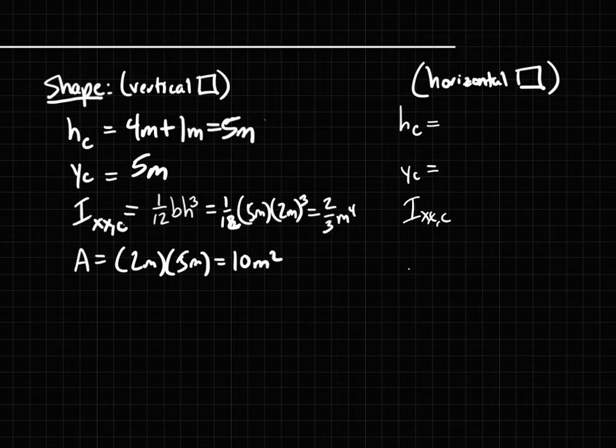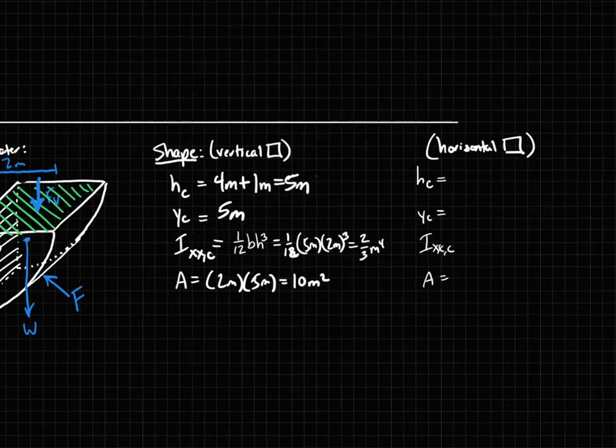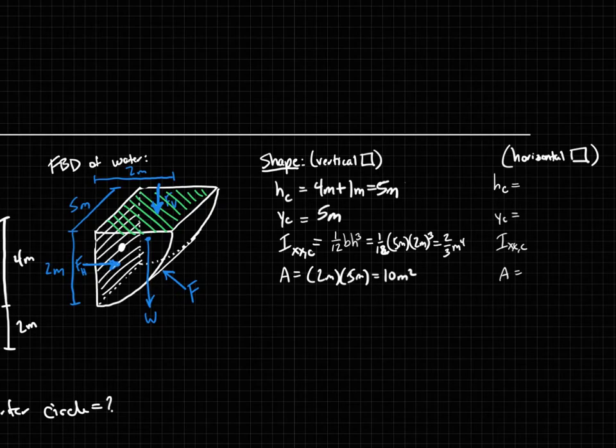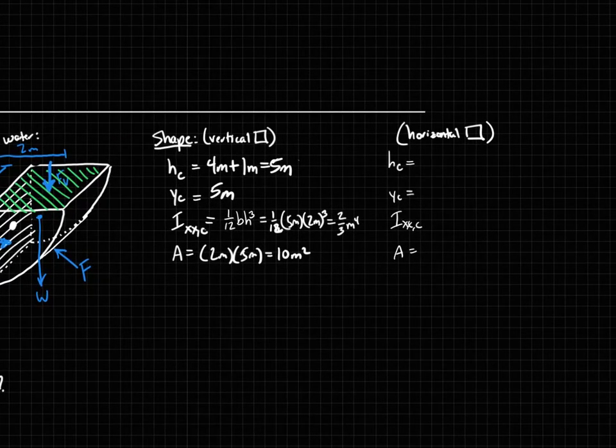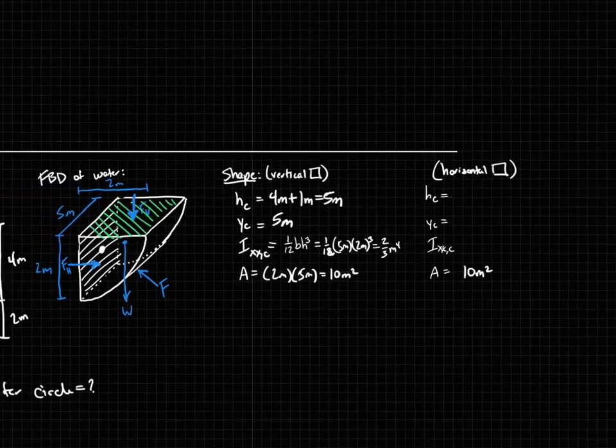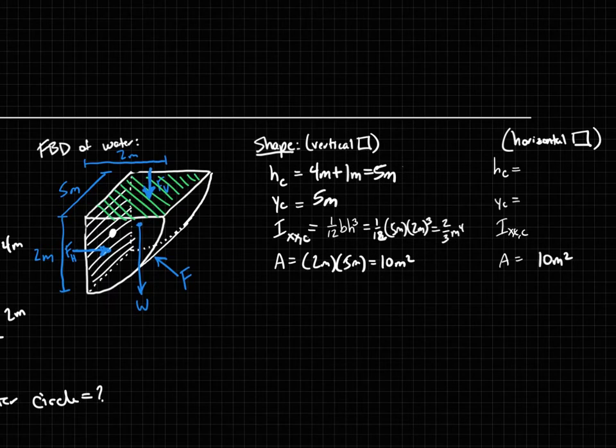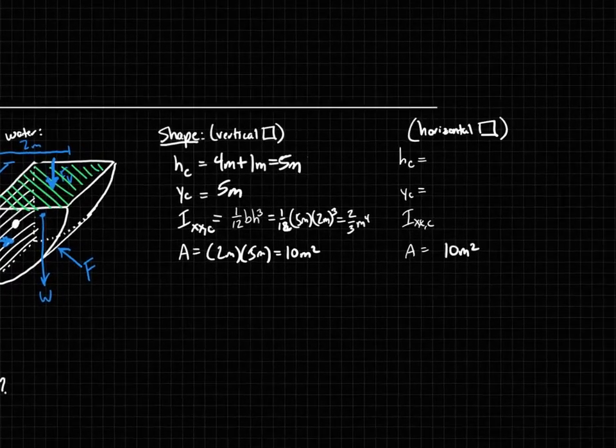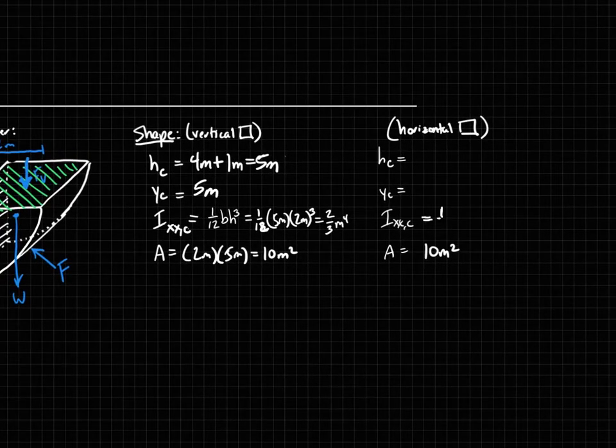IXXC and A. Noting that the green shape is 5 meters by 2 meters, it has the same area as the other one, 10 meters squared. IXXC, well, that's 1/12 base times height cubed.